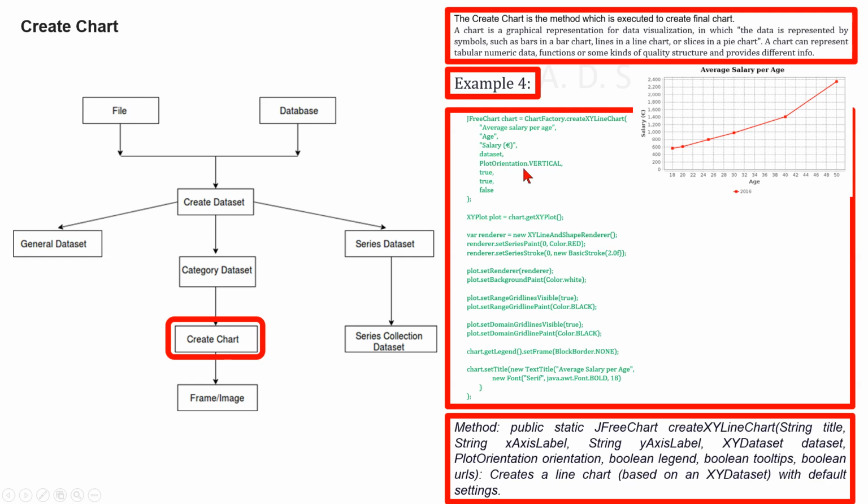Orientation, the plot orientation, horizontal or vertical, null not permitted. Legend, a flag specifying whether or not legend is required. Tooltips, configure chart to generate tooltips. URLs, configure chart to generate URLs. This method returns the chart.